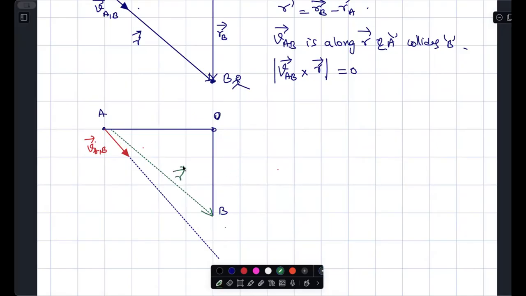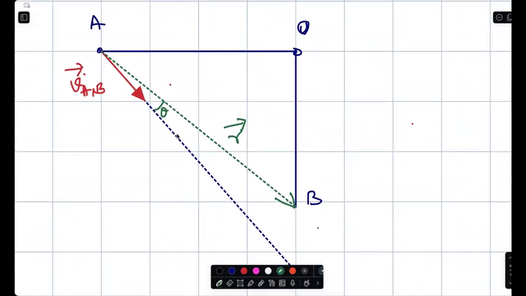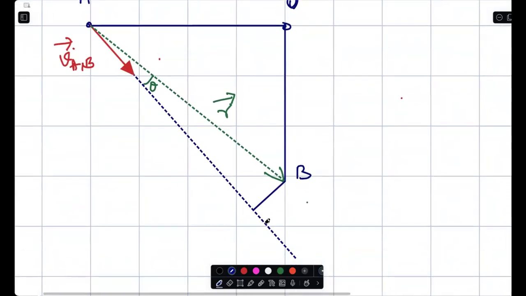Remember, they are not in the same direction. You can clearly observe that. You can see that there is some angle theta. In this case, if you draw a perpendicular onto this line, let it intercept at C. Remember, this distance is called the closest distance of approach.